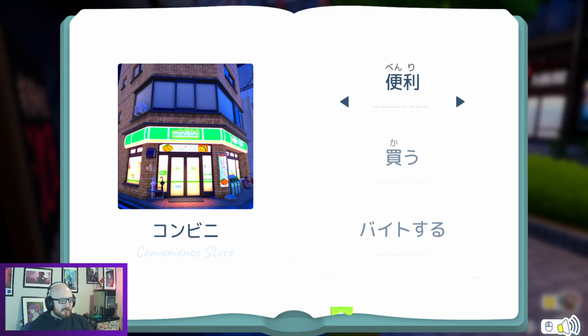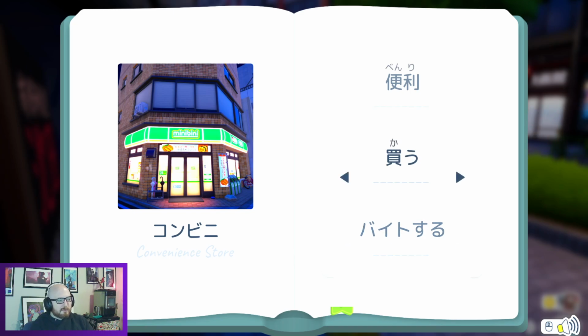Konbini. So we have a few words here. We have benri, we have kau, and then we have baito suru. So I don't know where the origins of this verb are, but baito must have something to do with part-time work because this means to work part-time.